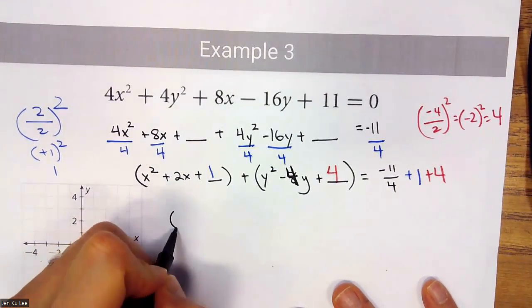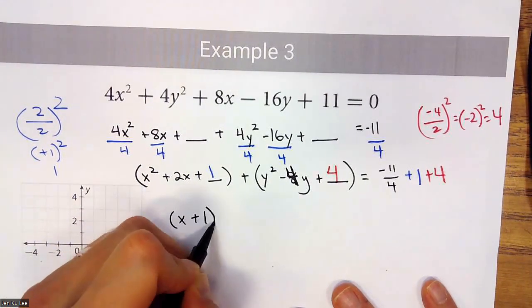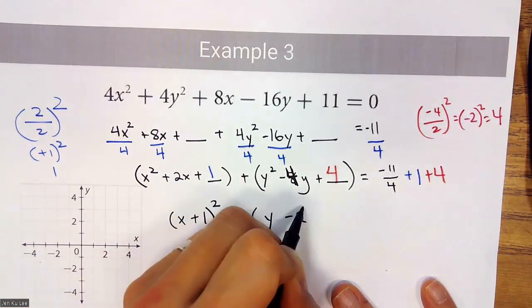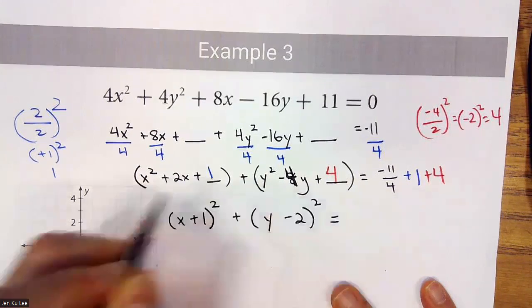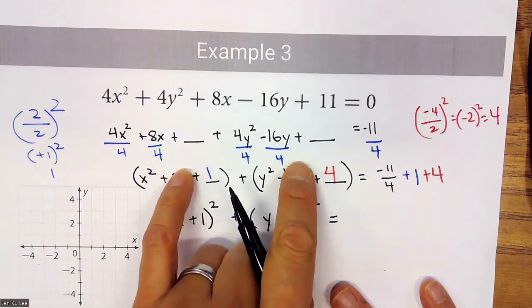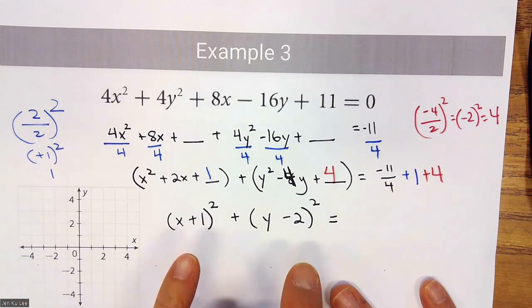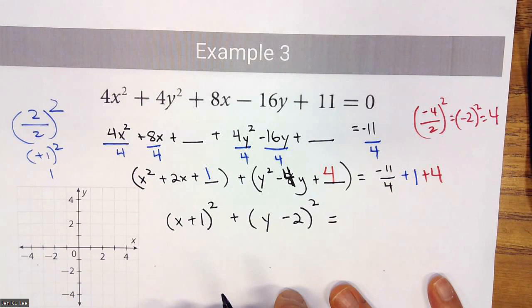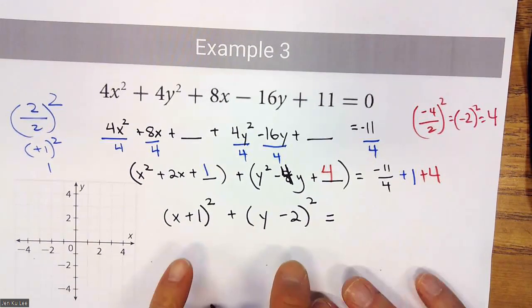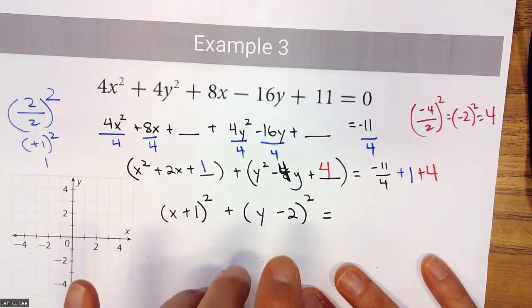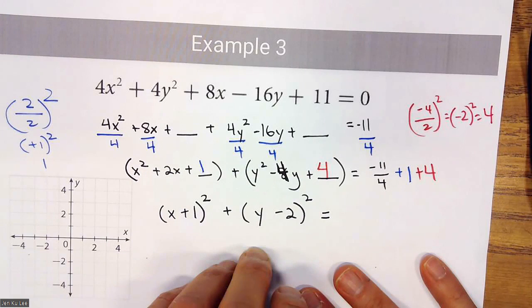So this breaks out to be x plus 1 quantity squared plus y minus 2 quantity squared equals, if you guys have trouble with this from here to here, please go back and review the completing the squares lesson on my YouTube channel, and get that skill down.